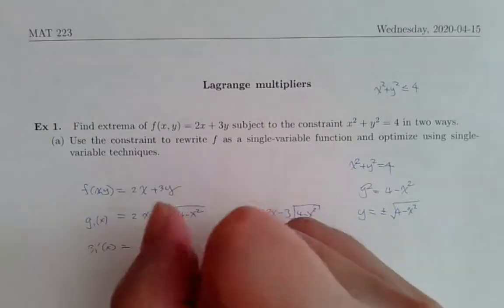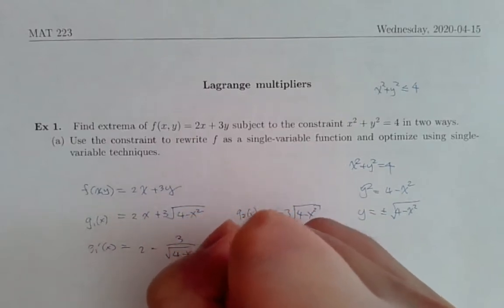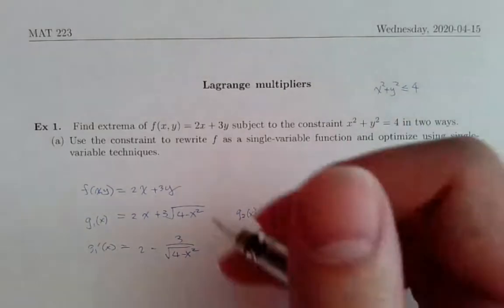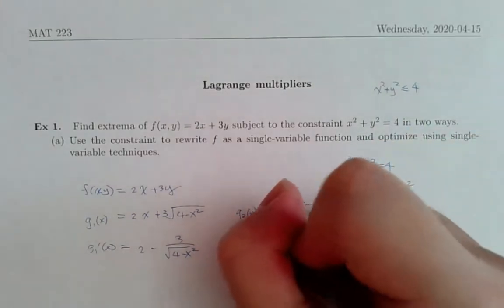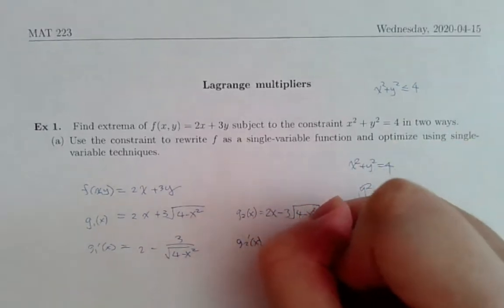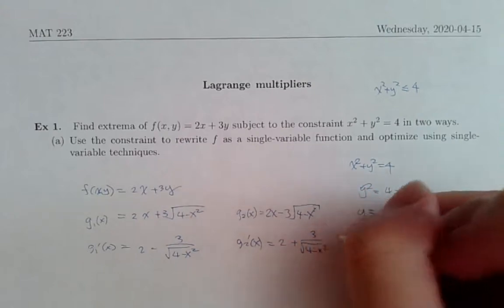There's a negative sign, so that's negative 3 over the square root of 4 minus x squared. If you can't do this quickly, write it out yourself. But I'm pretty sure this is the case. And then g2 prime, I'll do these in parallel because they're very similar: 2 plus 3 over the square root of 4 minus x squared.